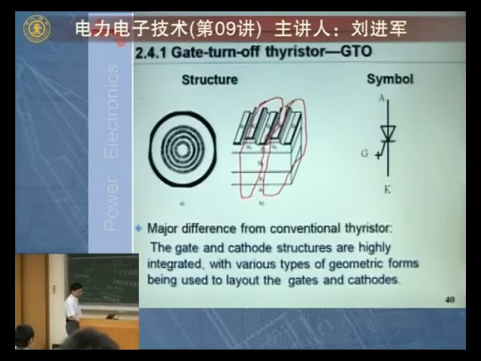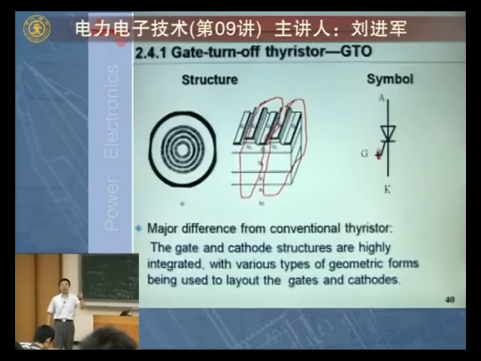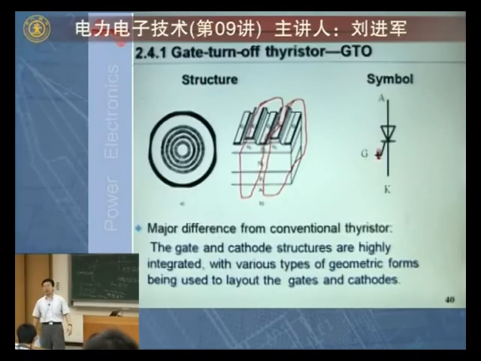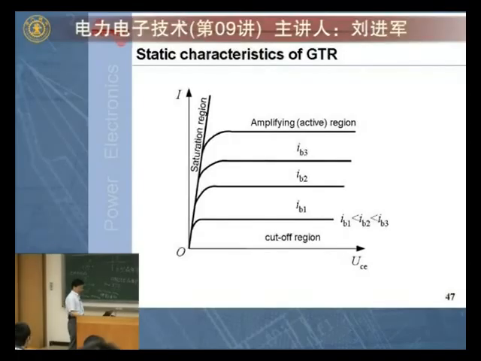It has a short line here, this one, across the gate. That means this is a GTO. When you have a short line there across the gate, that means this is a GTO, not ordinary thyristor. Okay?